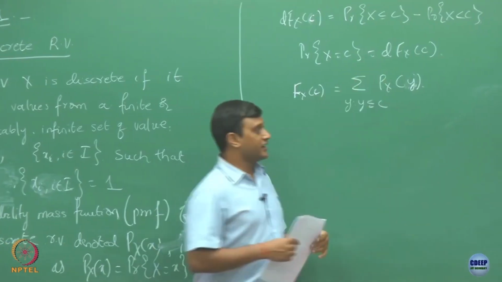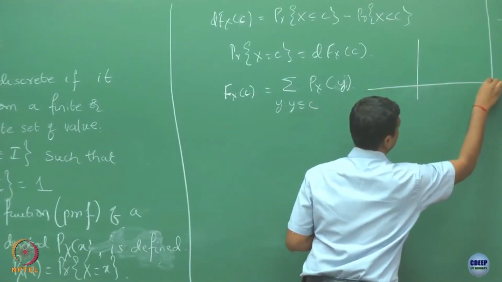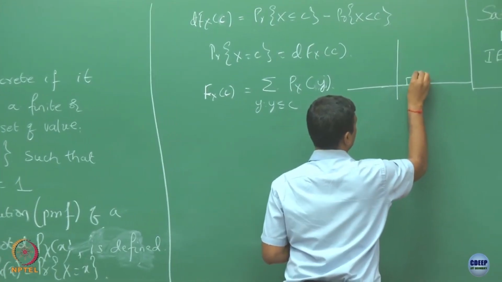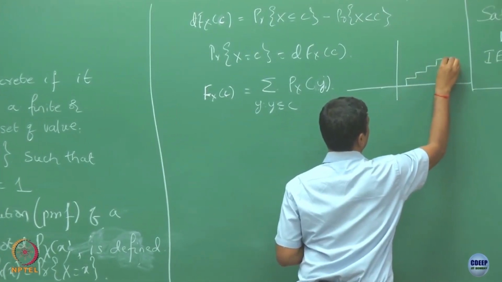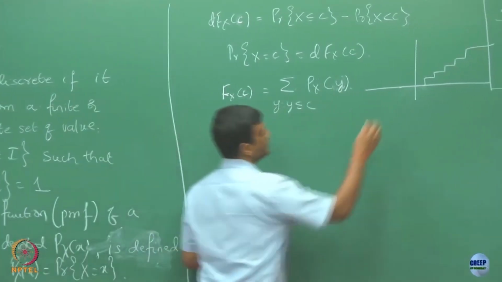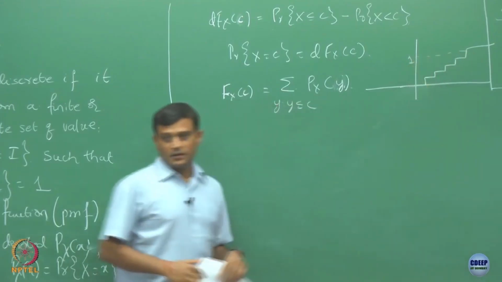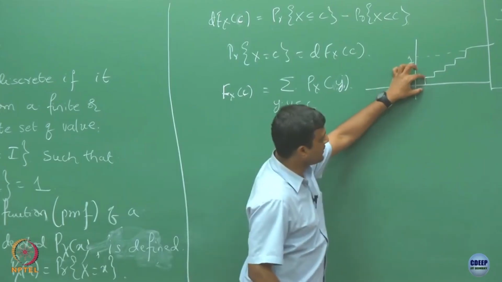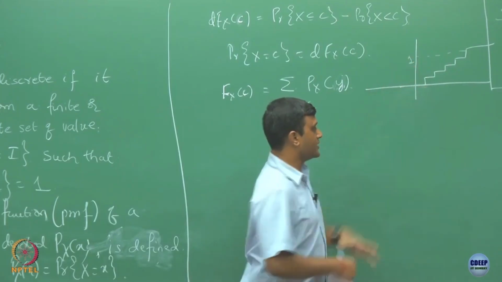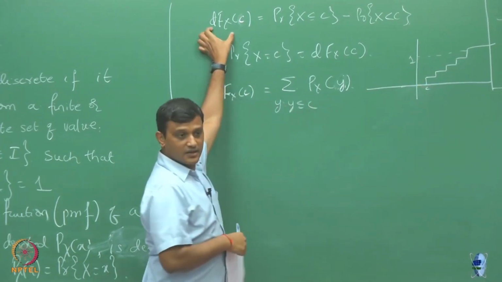So recall that for a discrete case we had come up with one example where my CDF looked like this, with this value being 1. We said that this jump corresponds to, let us say this point is c, this jump here corresponds to that probability of x.